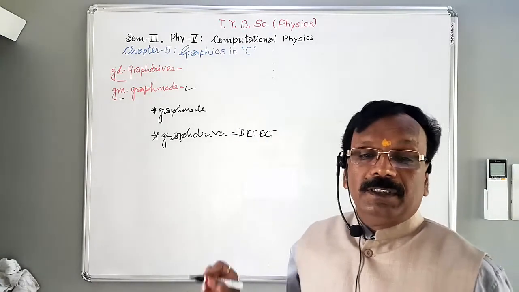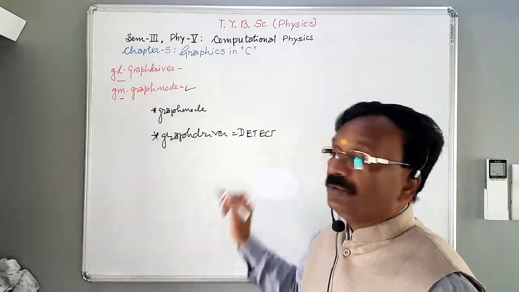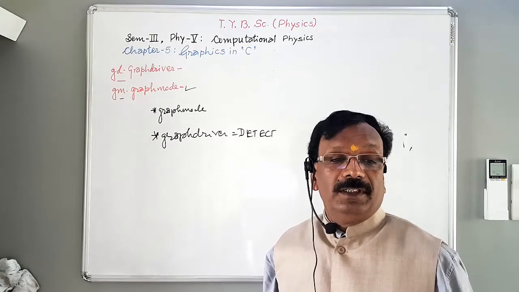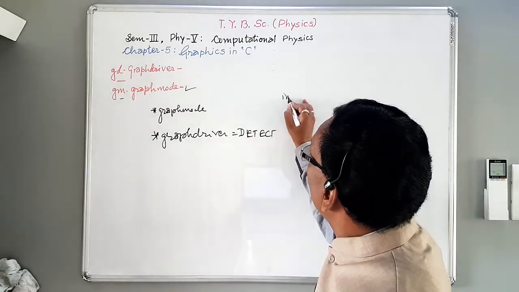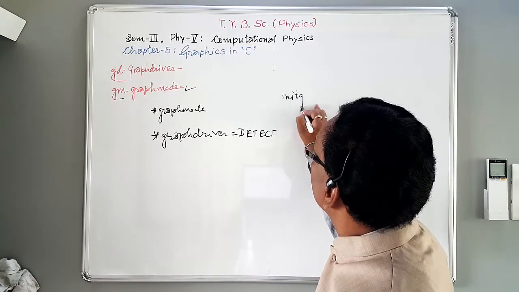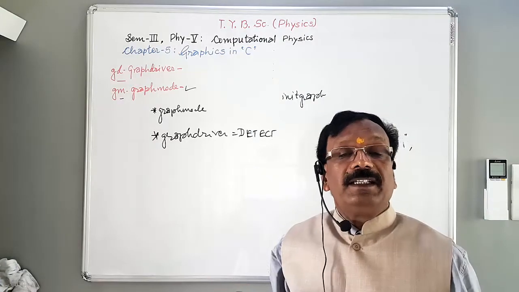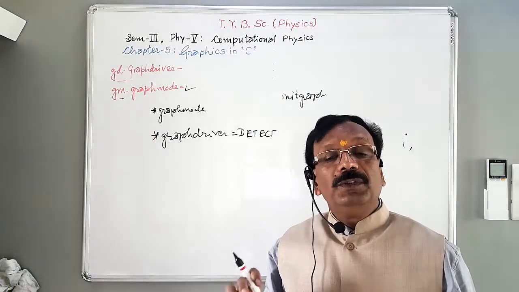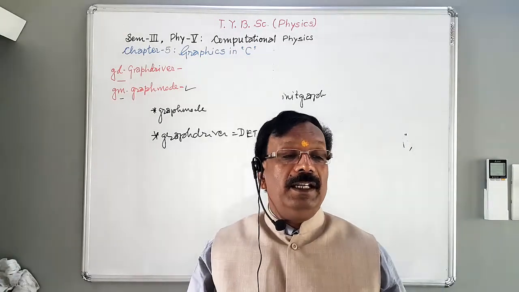Then what happens? If asterisk graphic driver is equal to DETECT is used, then initgraph, that is initialization of graph mode, sets graph mode to the highest resolution available for the detected driver.